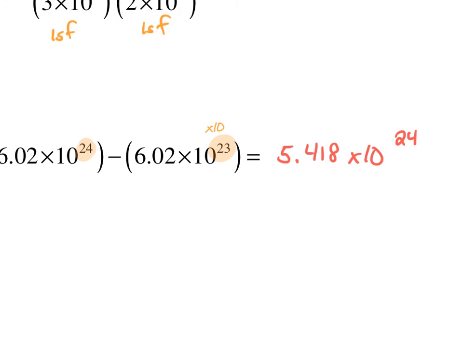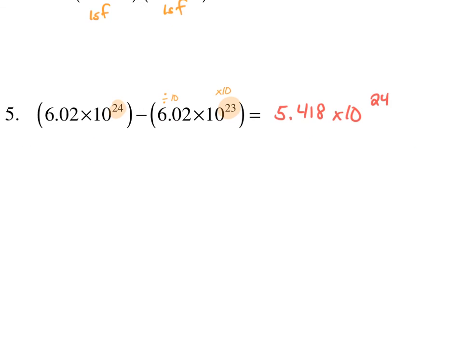We can't change the value of the overall number, so if part of the number is multiplied by 10, we need to divide the other part of the number by 10. I'll rewrite the result. Here's the result, lining up the decimal points, which we have to do in order to determine the sig figs.